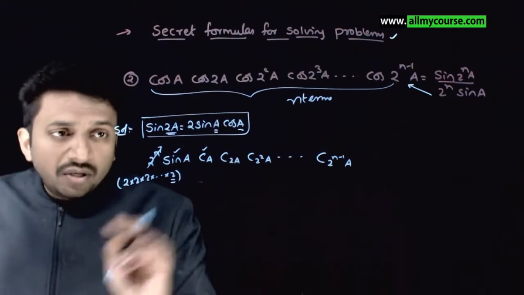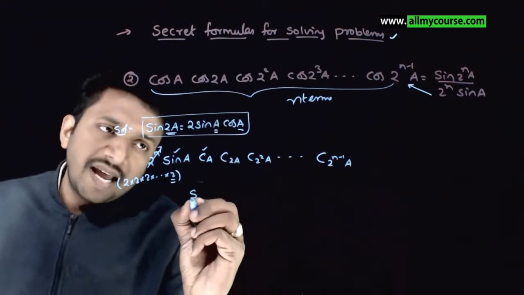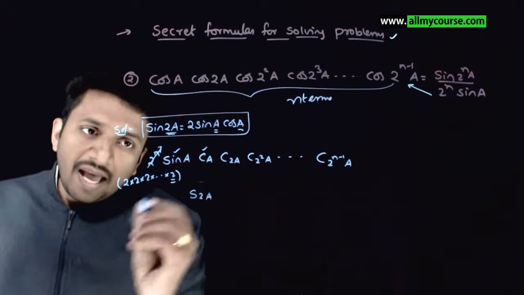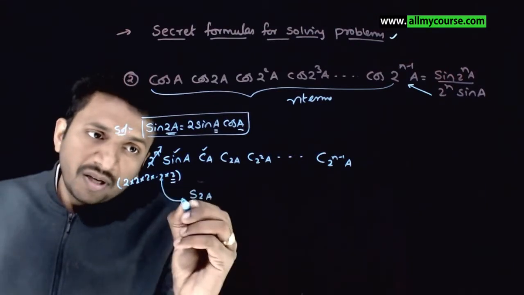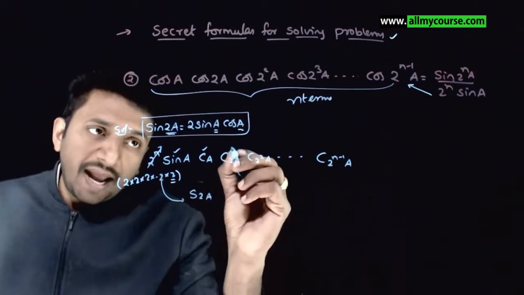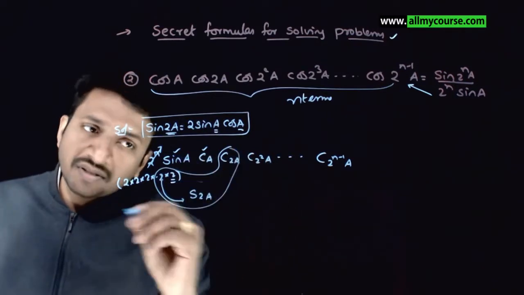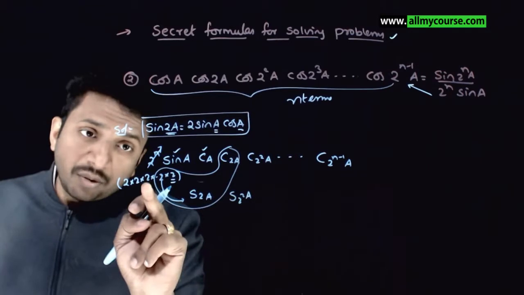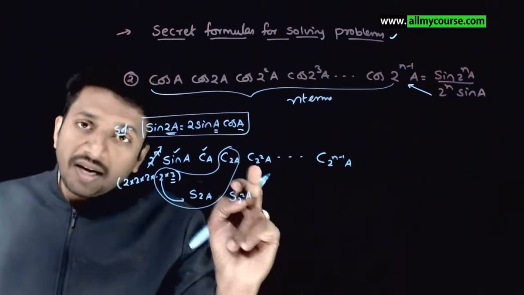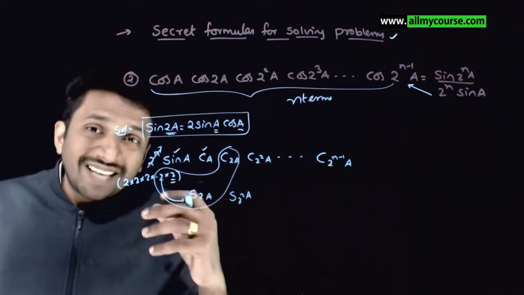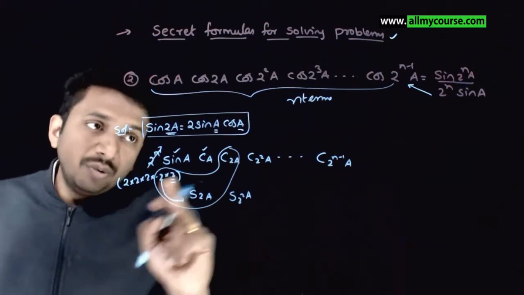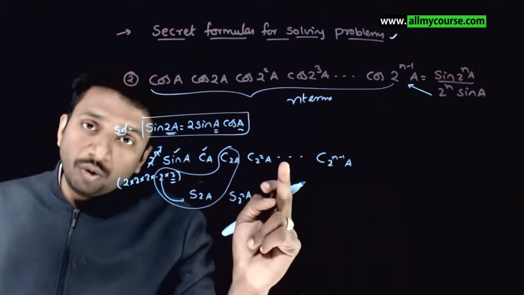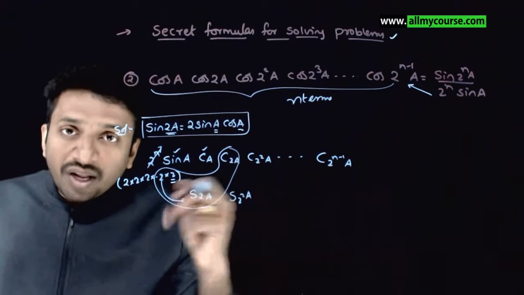So what happens? 2 sine A cos A is sine 2A, and you take the next two with sine 2A and with cos 2A. This becomes sine 2 square A. Now take another two with sine 2 square A into cos 2 square A, which becomes sine 2 cube A. With the next two, sine 2 cube A and cos 2 cube A, you get sine 2 power 4A, and so on.